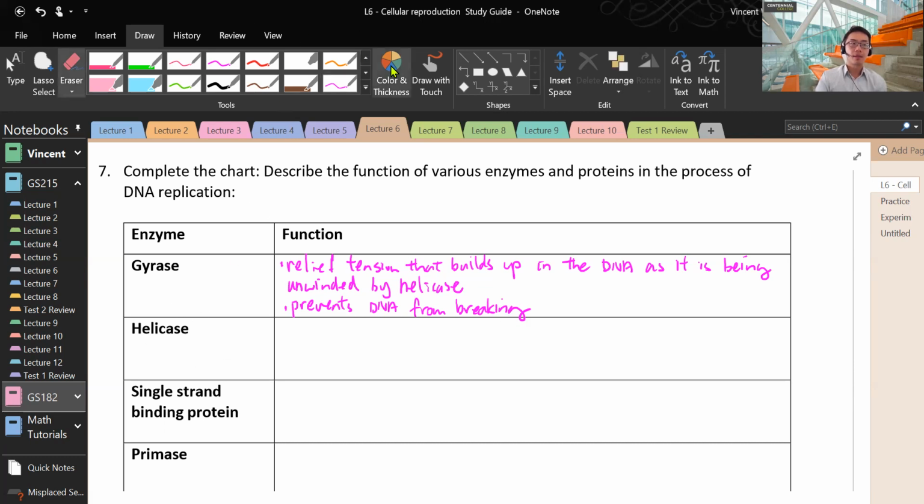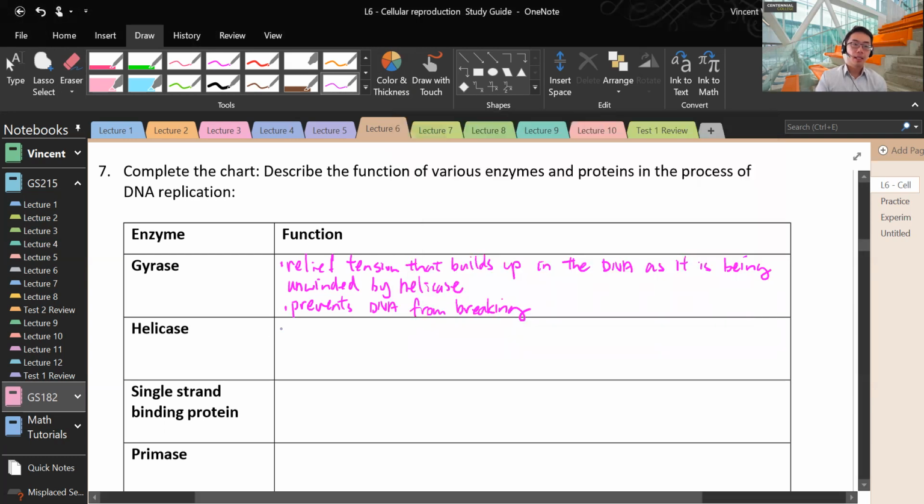Helicase. Helicase is the enzyme that unwinds the DNA to create a replication bubble. Replication bubble.